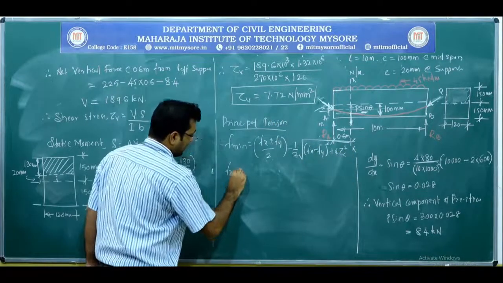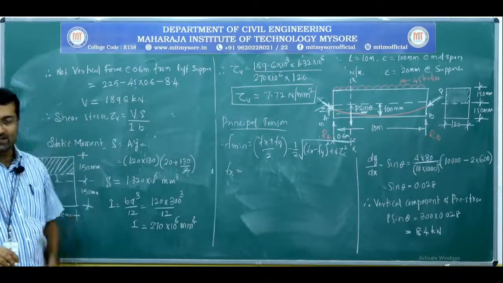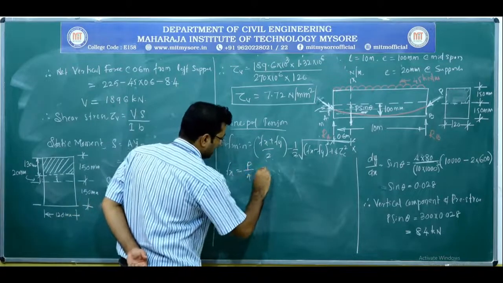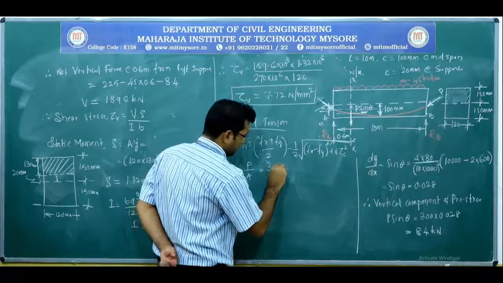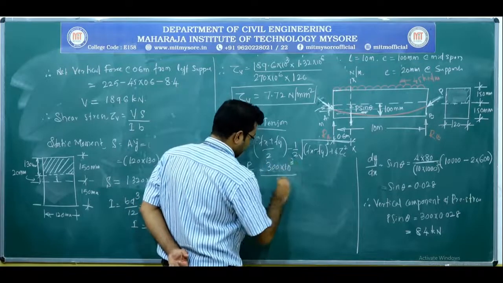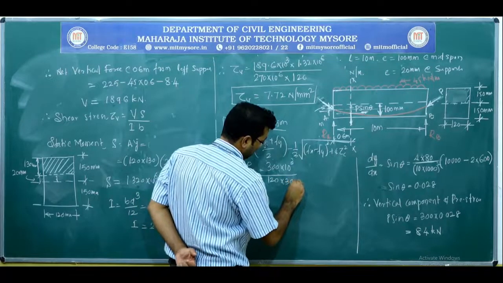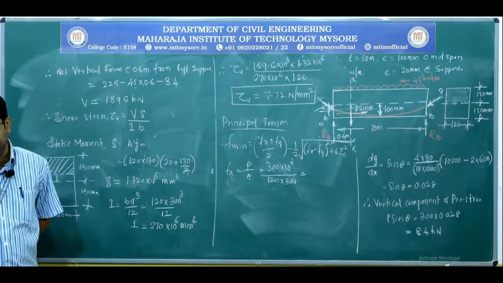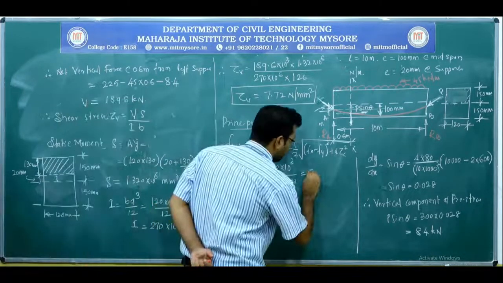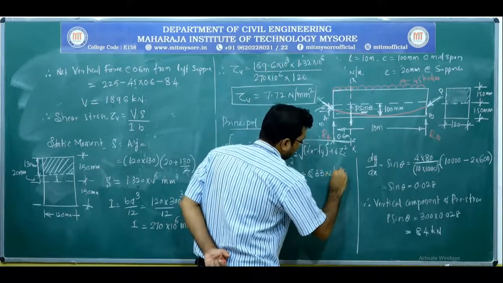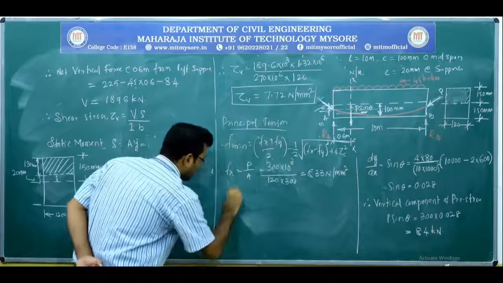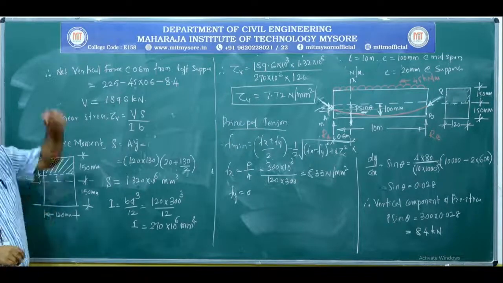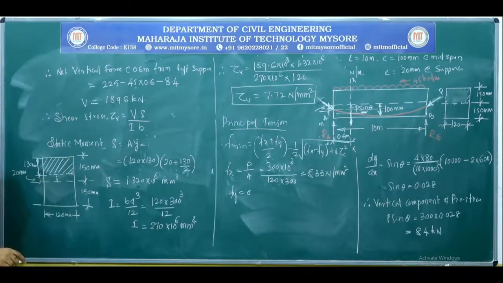So here fx is the stress due to direct stress, that is P by A. It is P by A, where P is the prestressing force. Prestressing force is 300 kilonewtons divided by cross-sectional area 120 into 300. This gives me about 8.33 newtons per millimeter square, and fy is 0. We know that because of no vertical prestressing, fy is 0.